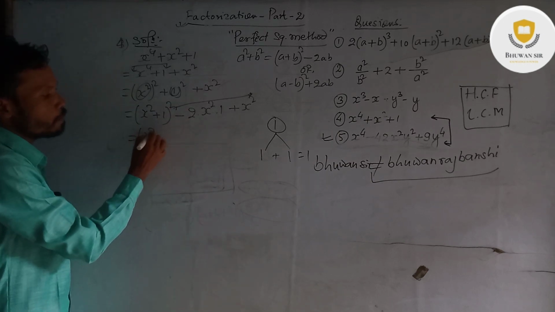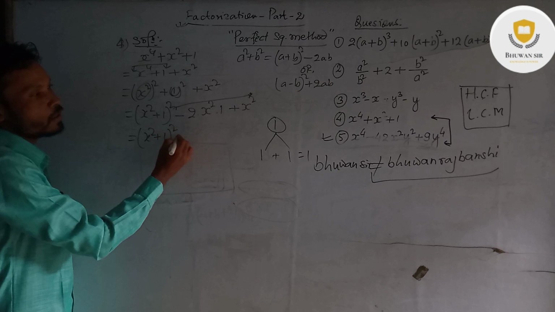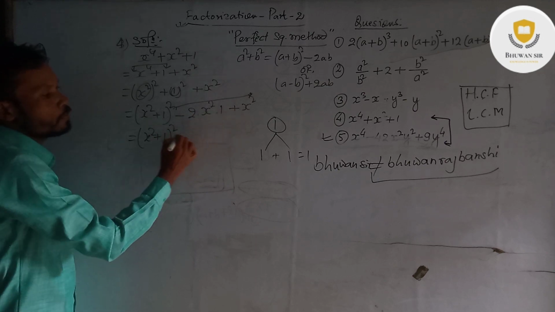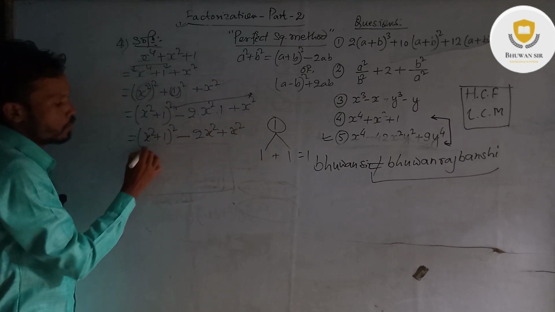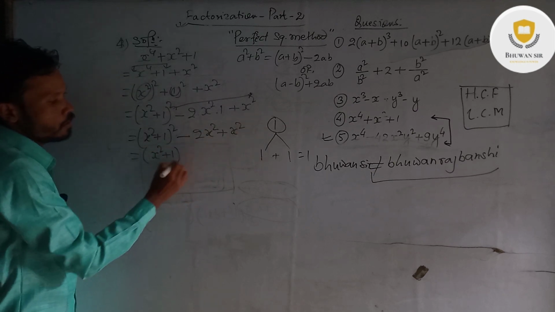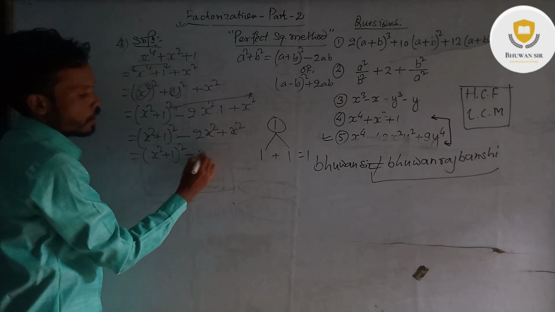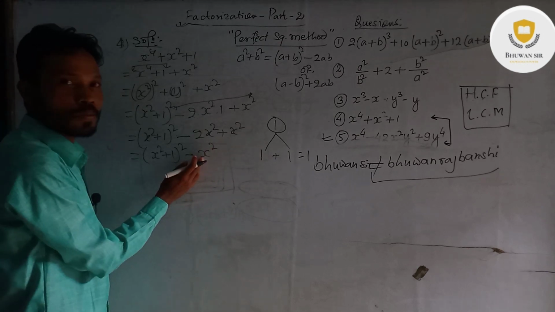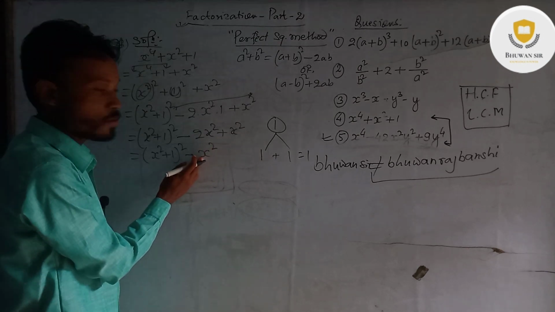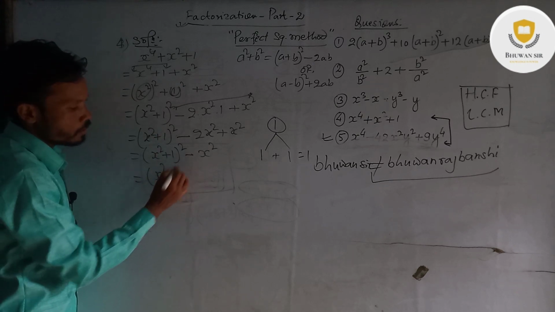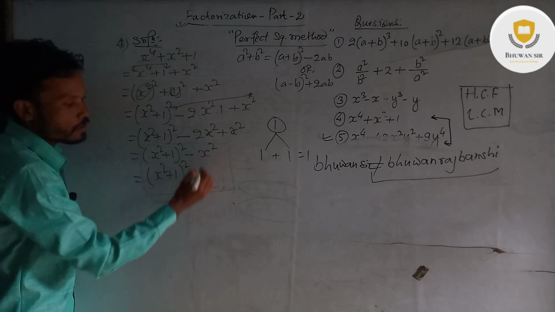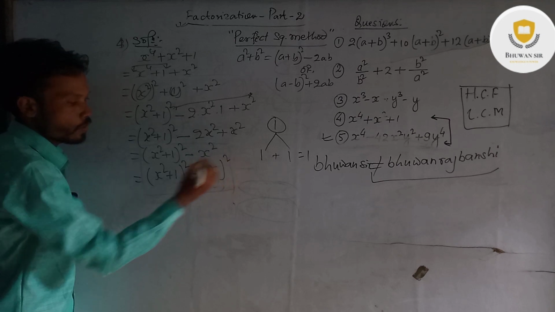Now x square plus 1 whole square, and solve it. Minus 2x square plus x square. X square plus 1 whole square minus x square. See here, this is a negative square. That is what I was telling you here. X square plus 1 whole square minus x whole square, right?